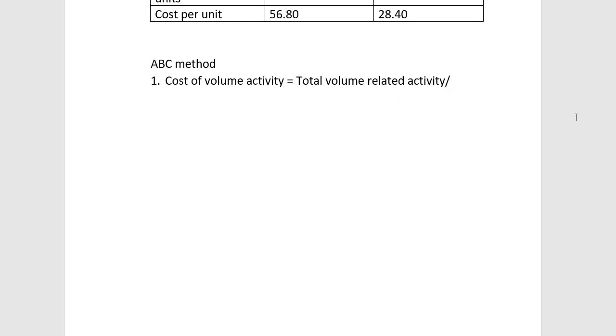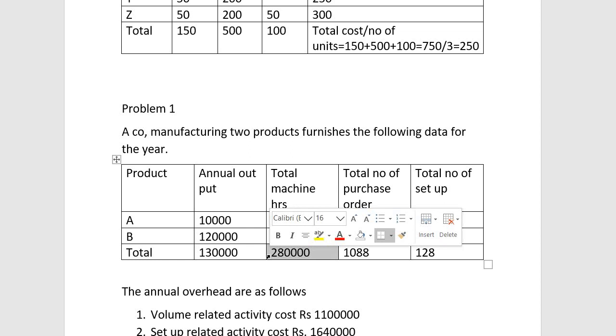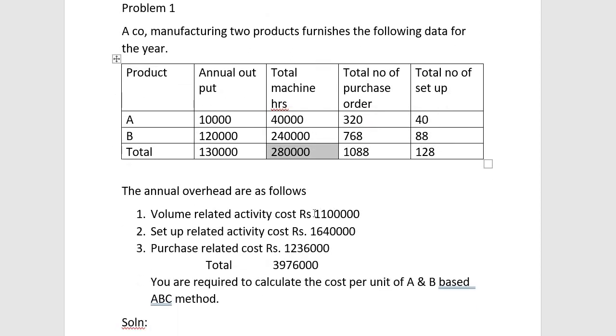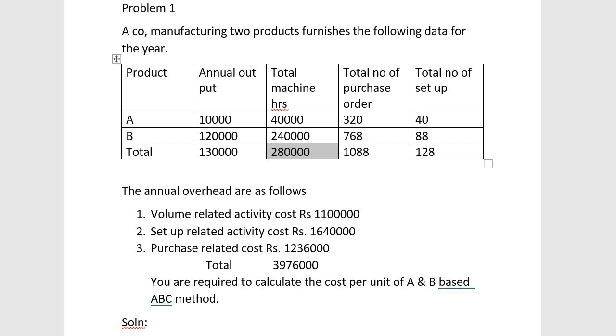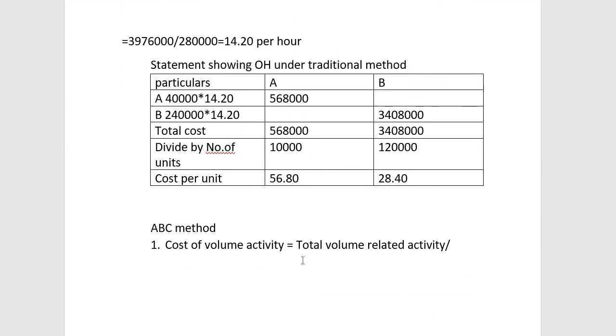For volume related activity, the base is total machine hours. What is the cost of volume related activity? 11 lakhs. Therefore, 11 lakhs divided by 2,80,000 will give us the cost of volume activity per hour.